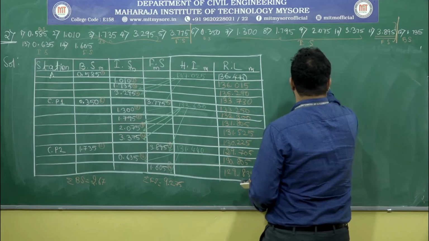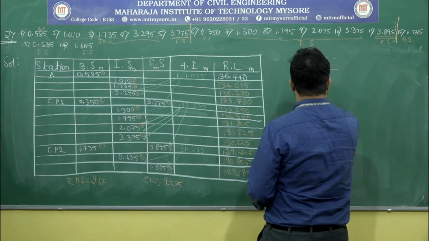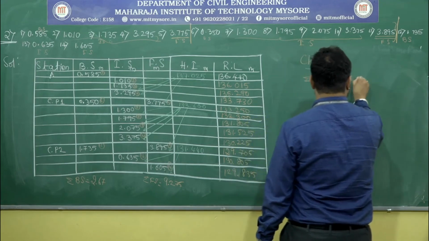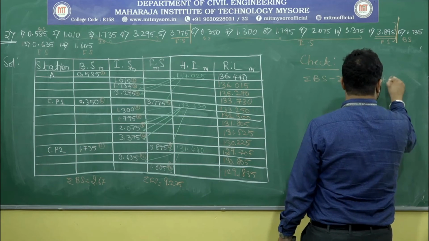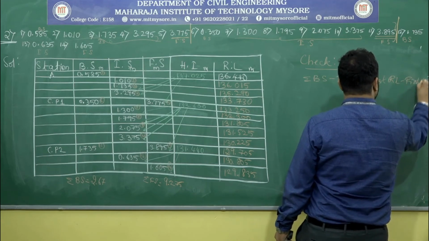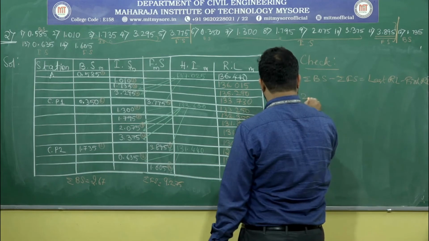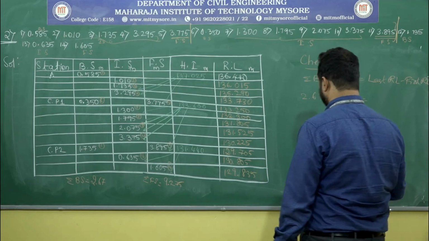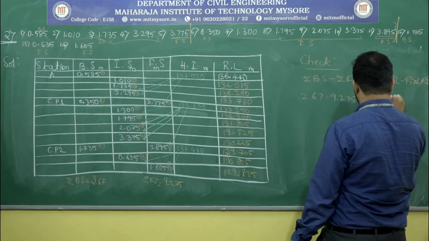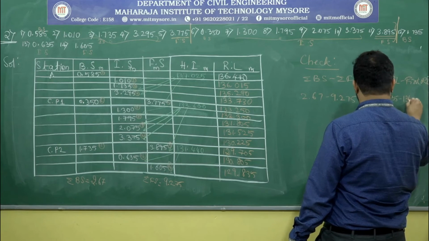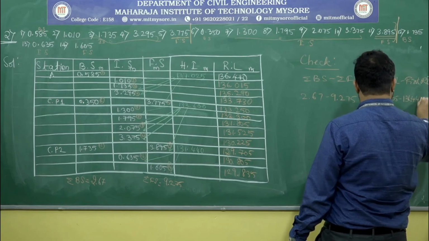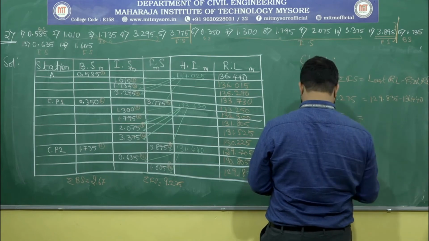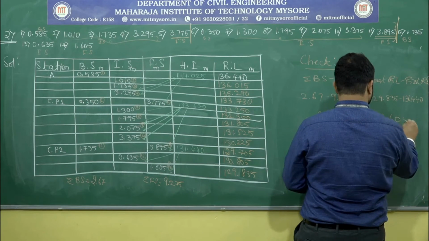Now check. Sigma BS minus sigma FS is equal to last RL minus first RL, that is 2.67 minus 9.275 is equal to 129.835 minus 136.440, that is minus 6.605 equals minus 6.605.